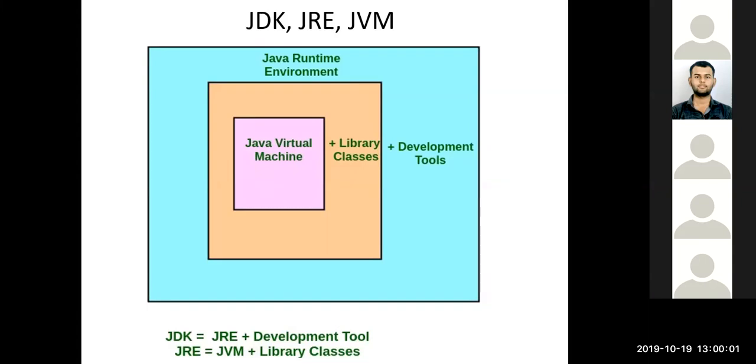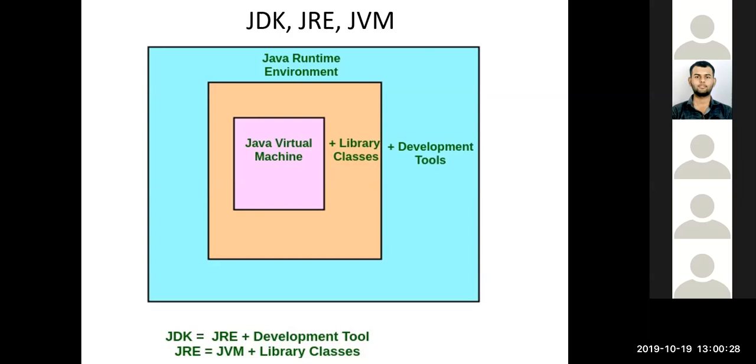So Java comes with a set of tools which we call development tools, and it has a set of libraries as well. With the help of development tools, we develop our code, and with the help of the set of libraries, we execute our code, right?